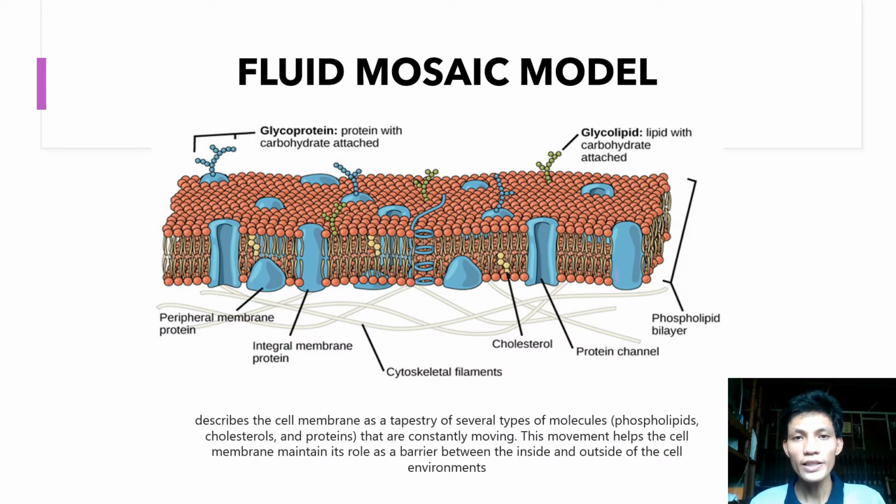Here, we'll take a closer look at the different components of the plasma membrane, examining their roles, their diversity, and how they work together to make a flexible, sensitive, and secure boundary around the cell. The currently accepted model for the structure of the plasma membrane, called the fluid mosaic model, was first proposed in 1972.